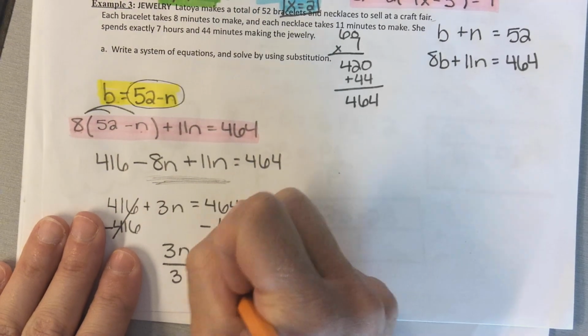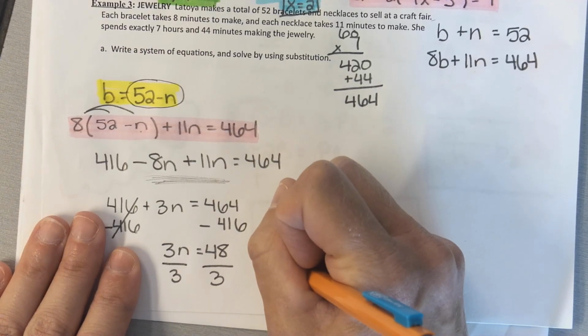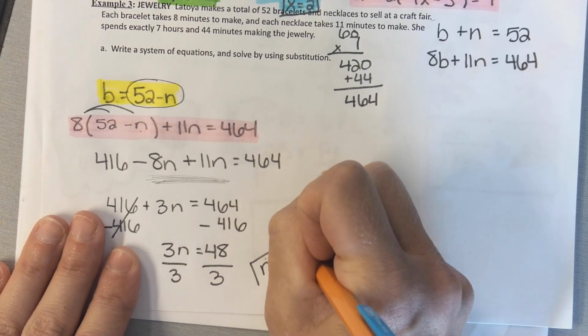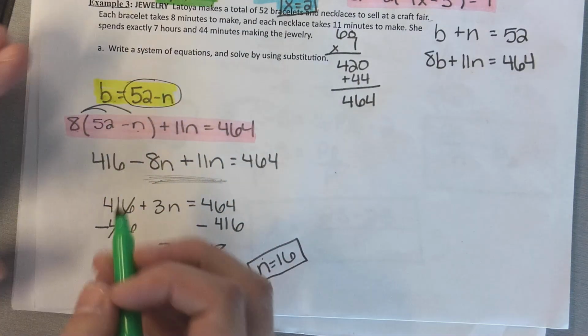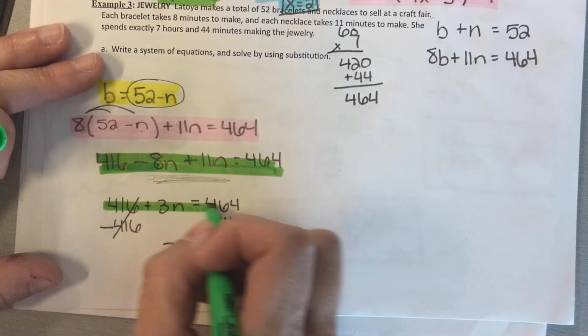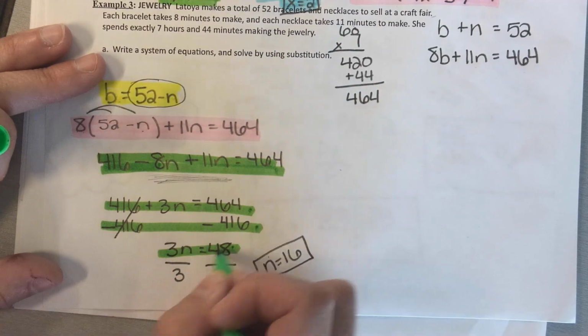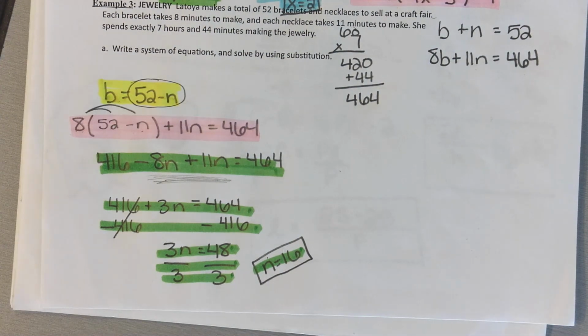Divide by 3 on both sides. And n equals, was it 16? 16. Okay, so I found one of the variables. I found n. Did I find both variables yet, though? No. Okay, so that was all that color.